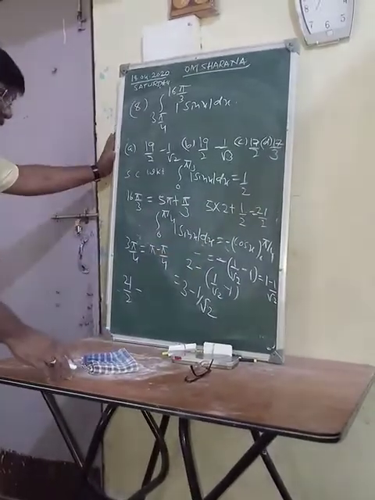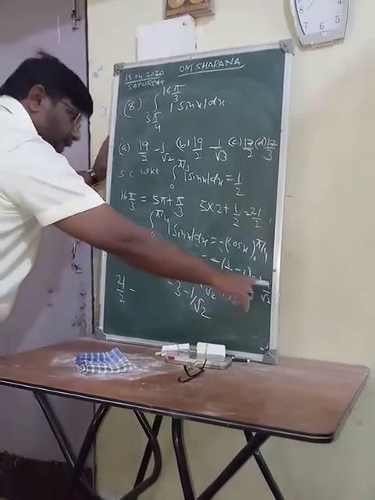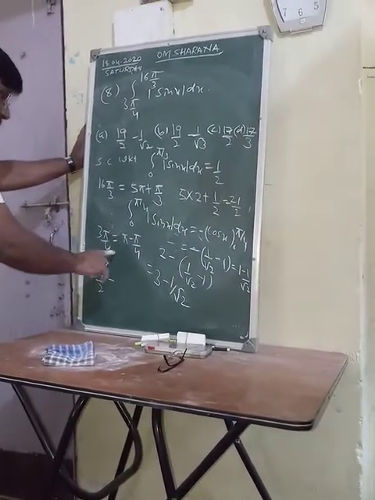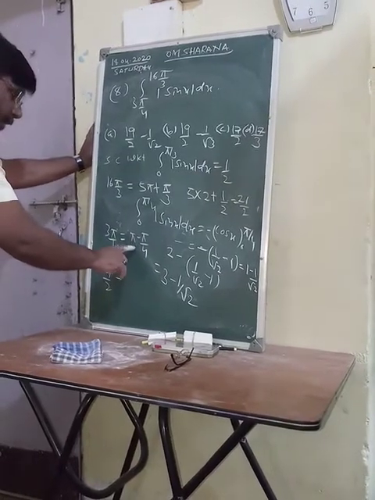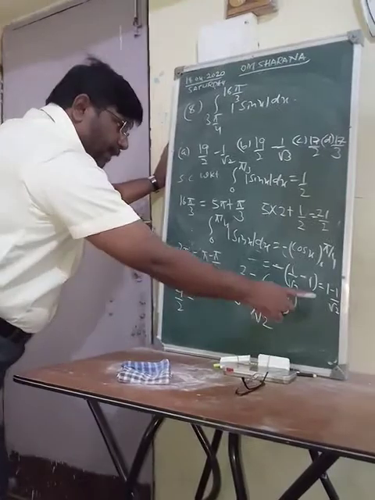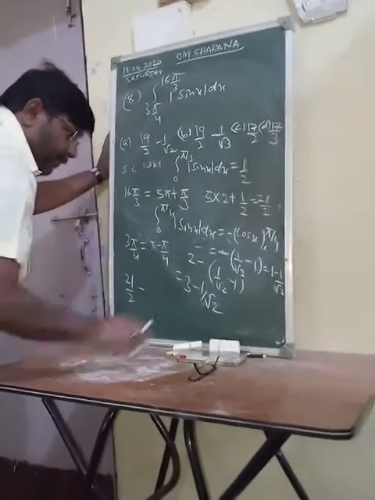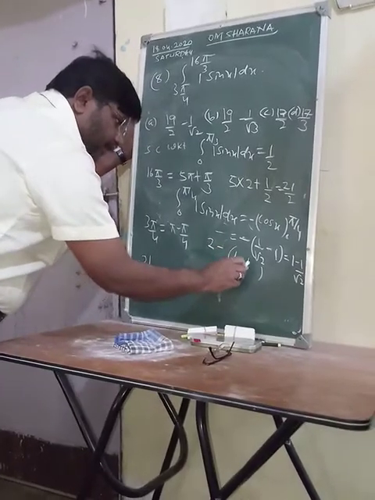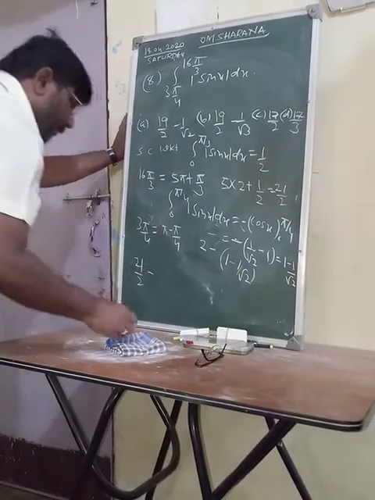This is the value, 1 minus 1 by root 2. Therefore 3 pi by 4 is pi minus pi by 4. The integral from 0 to pi of modulus sin x dx is 2 minus this value, 1 minus 1 by root 2.